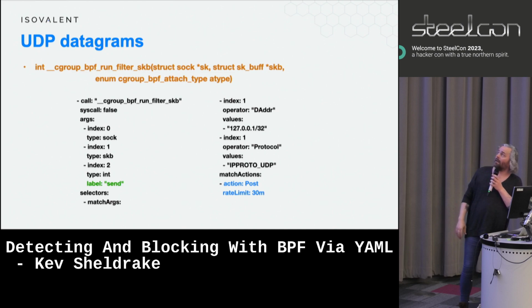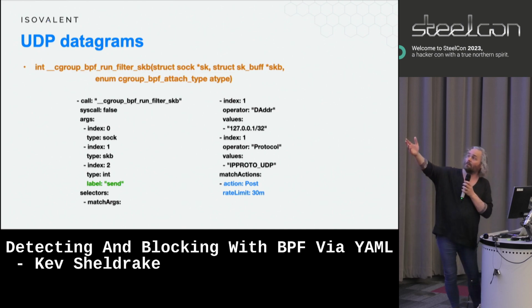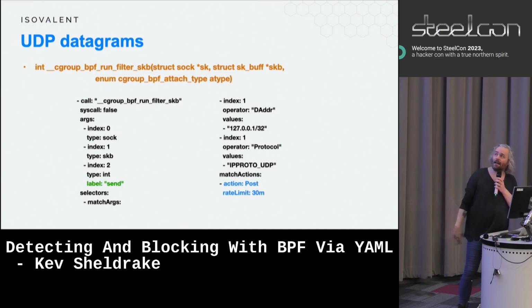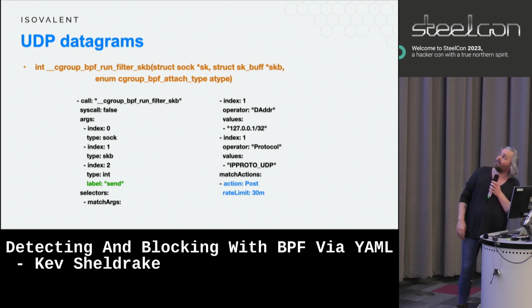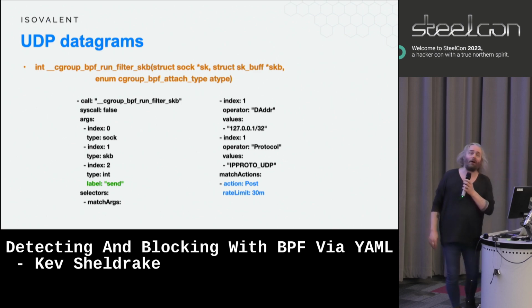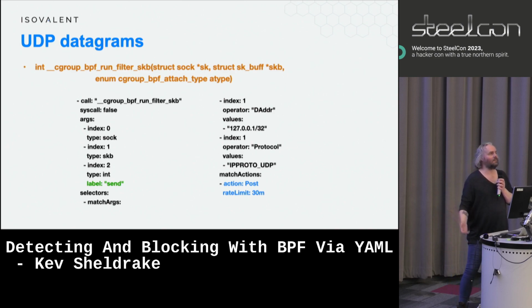We can label, so in green, another thing you can do is label your argument. The argument there, argument 2, is the enumeration of cgroup BPF attach type, which is basically how this thing is attached. It could be 0 or 1 mostly, like ingress and egress.